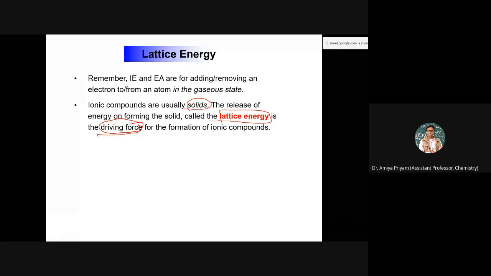But when they arrange themselves in a three-dimensional network, the lattice energy comes into the picture, and the arrangement of positive and negative ions in this form leads to release of energy, that is lattice energy.